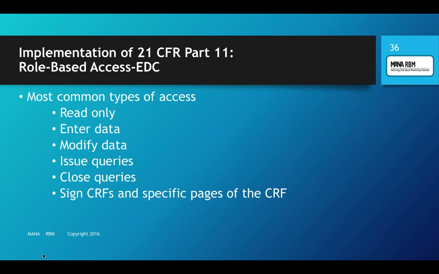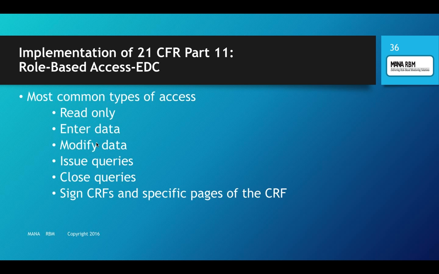Now, let's go to EDC first. The most common things that you'll see are read only. So you can see the data, but you can't do anything to it, because usually the only people that can do anything to the data are the site personnel or the subject. Entering data is something that traditionally is not done by the sponsor, the CRO, or the monitor.